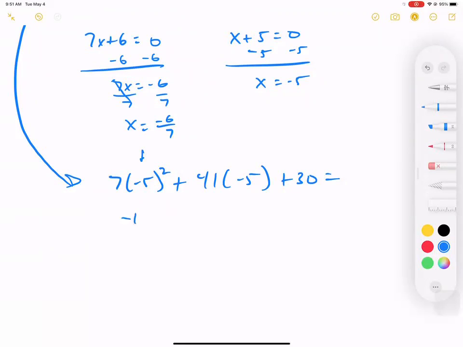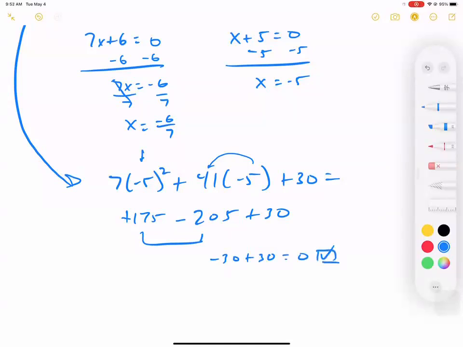Yeah, 175 plus, what's 41 times 5? That's 205. Negative 205 plus 175 plus 30. If I subtract these from each other, we end up with negative 30 plus 30 is equal, oh my goodness, that would give us 0.